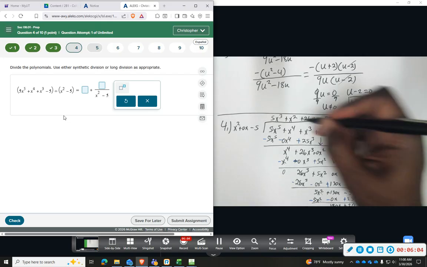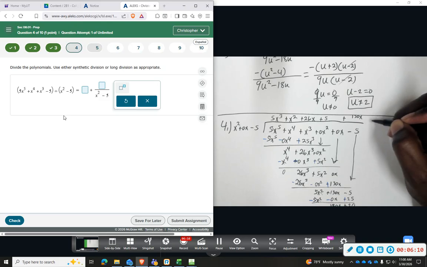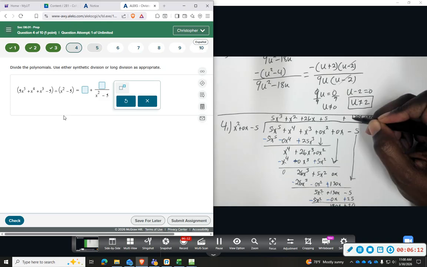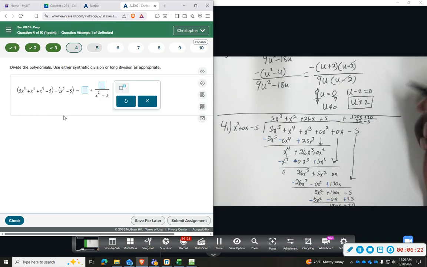So this is our polynomial plus the 130x plus 20 over the divisor, which was x squared minus 5. So that would be our resulting polynomial after doing long division.